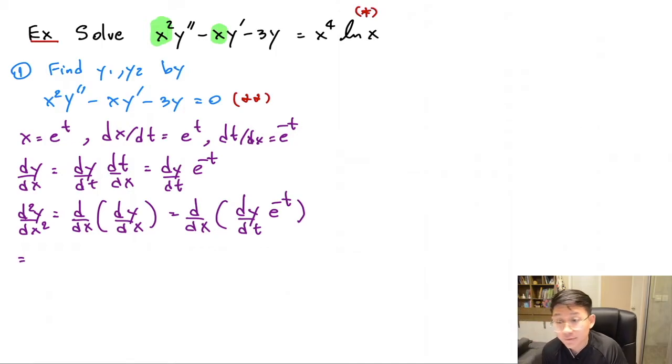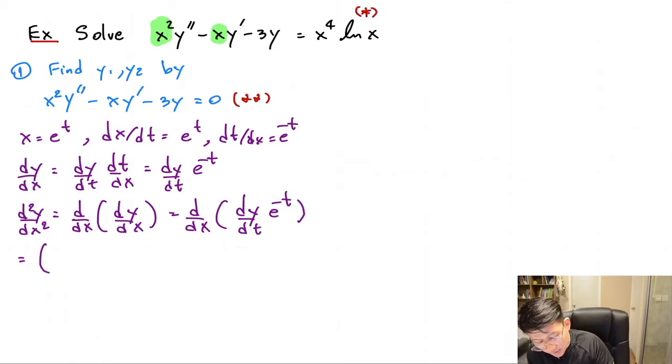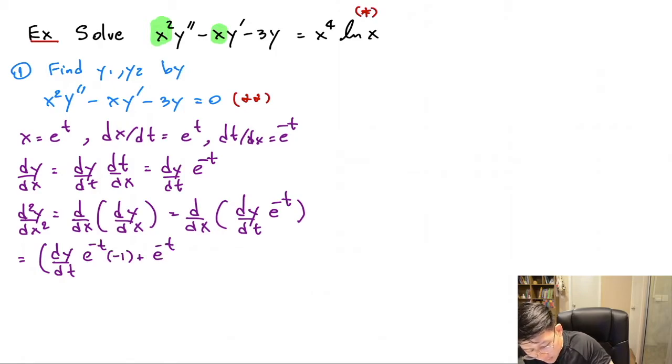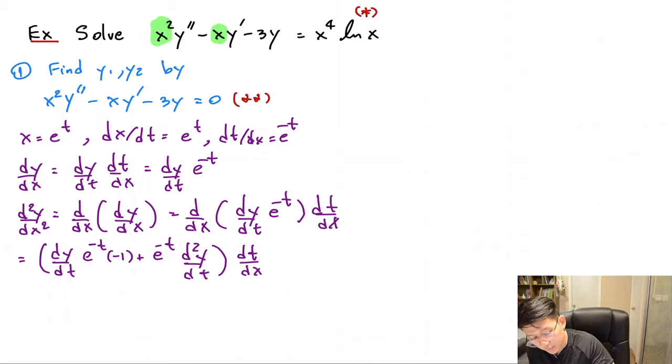It's the product rule, u dv plus v du, right? We have done that many times, so I'm gonna go a little bit quicker. Okay, so we have u dv plus v du. Okay, and guys, I forgot dt by dx, so we have dt by dx here.